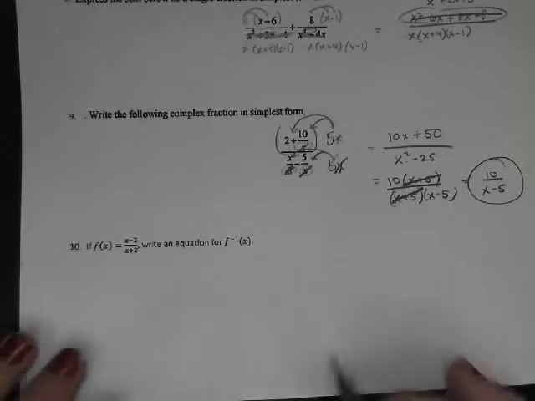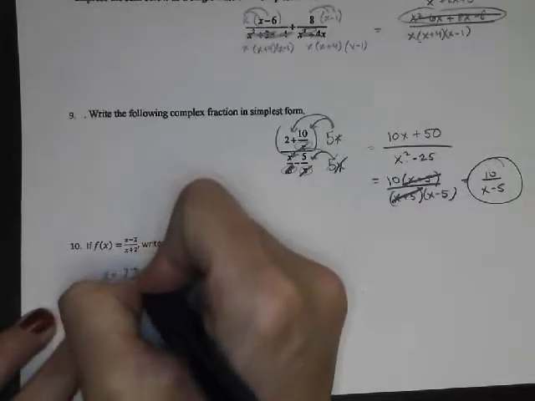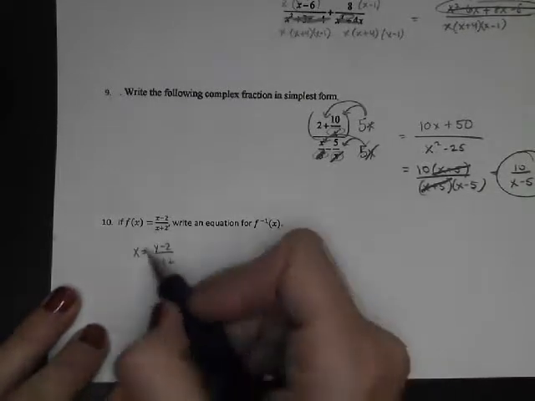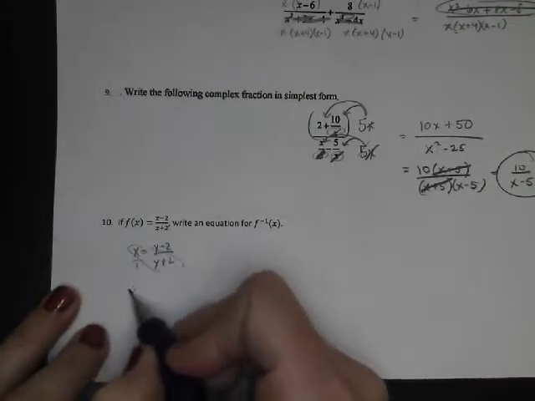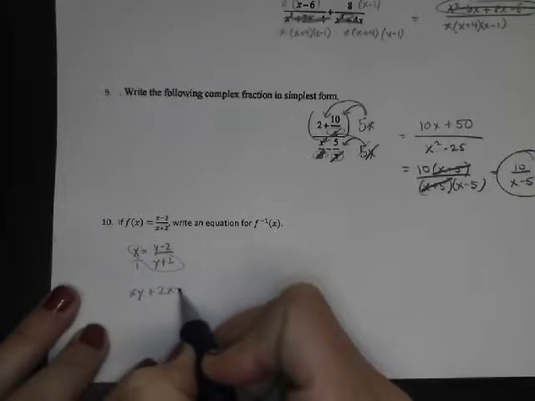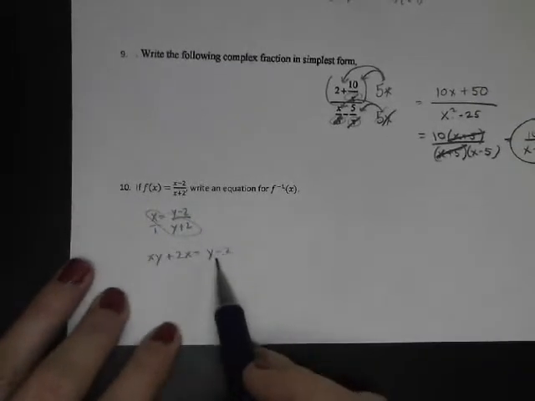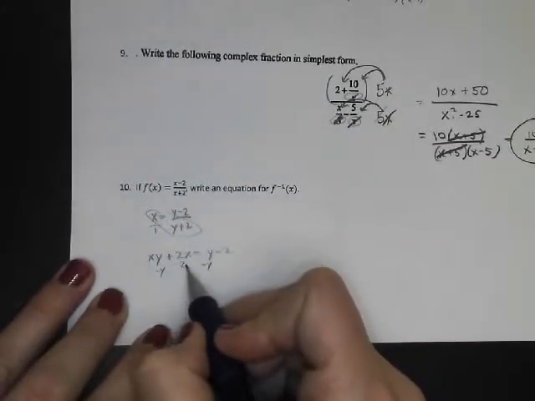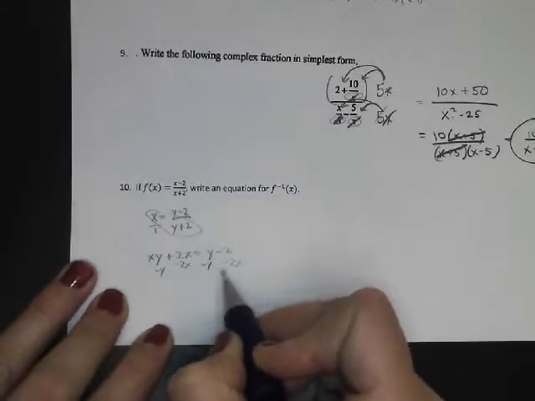Last but not least, writing an inverse. Switch the x and the y. Solve for y, which is tough because y's are in multiple spots, so I'm still going to cross multiply. But I got to get my y's all on one side, so I'm going to subtract this y over, and my non-y's over to the other, so I'm going to bring this negative 2x over.